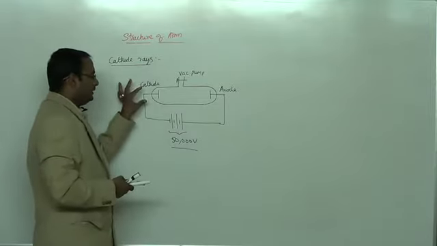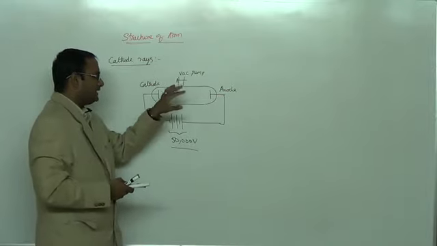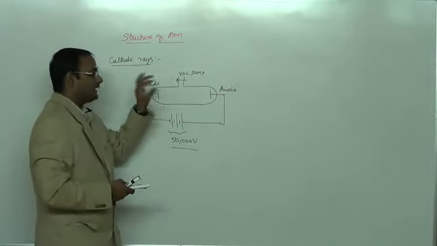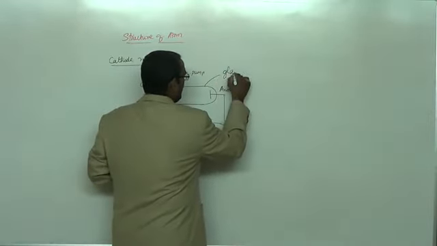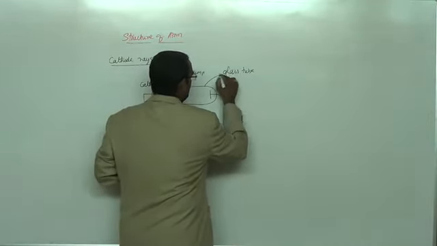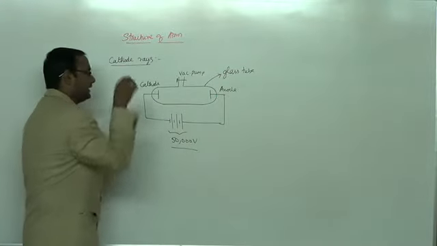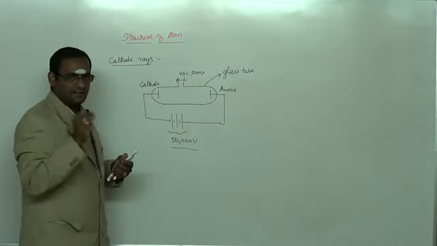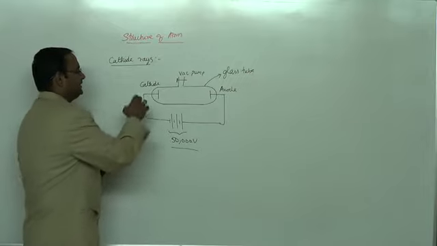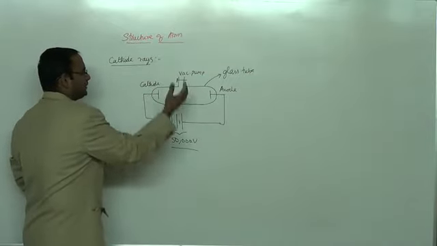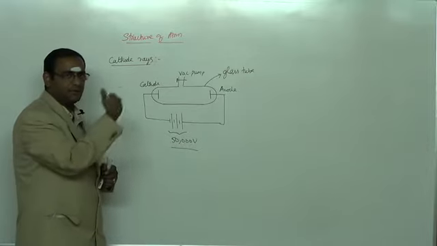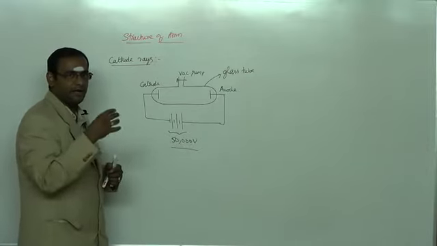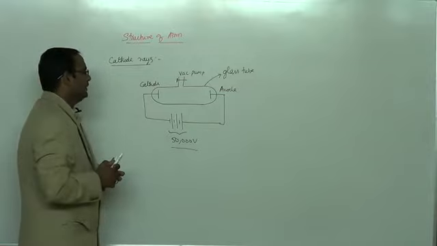Now, the arrangement is you have a glass tube in which gas is present. It is connected to two terminals called cathode and anode, which are in turn connected to the corresponding negative and the positive terminal of a high potential system.